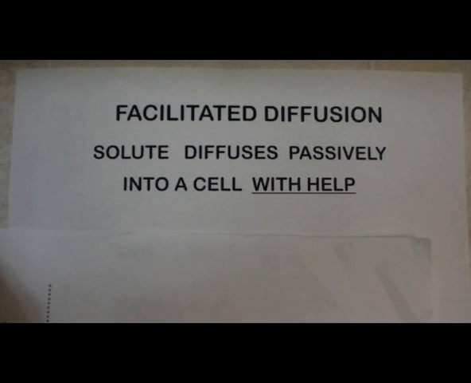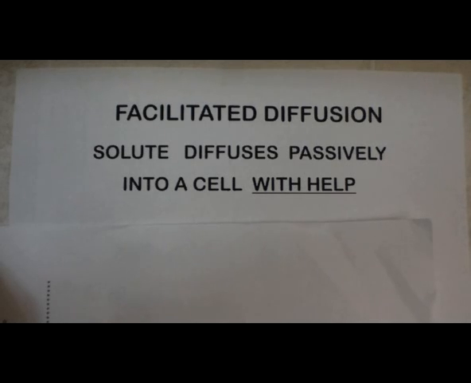So we need a helper. The easiest to understand and the most common thing you're going to run into is glucose and how glucose gets into a cell. Glucose moves into the cell by facilitated diffusion. It wants to go into the cell, but it can't, because in essence, the cell wall prevents it from moving in. It's too big. It cannot get through the cell membrane.